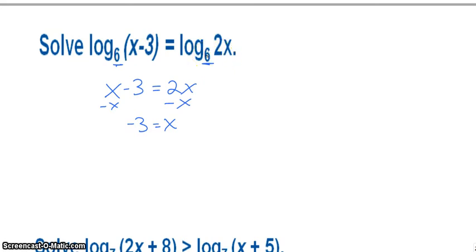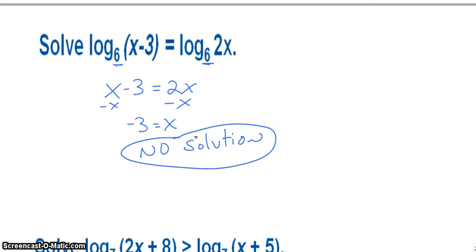Because I can never take a number to an exponent and get a negative, both of these, the left and the right, show me that I actually have no solution. That x equals negative 3 is what we would call an extraneous solution. It's an answer, but it does not satisfy my actual problem.